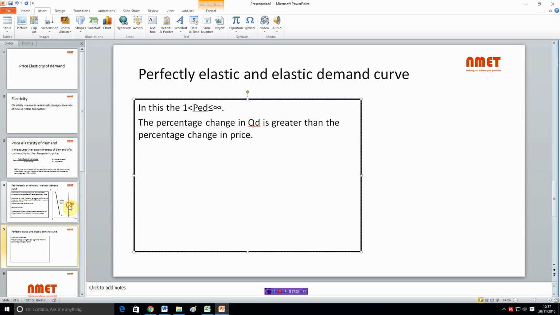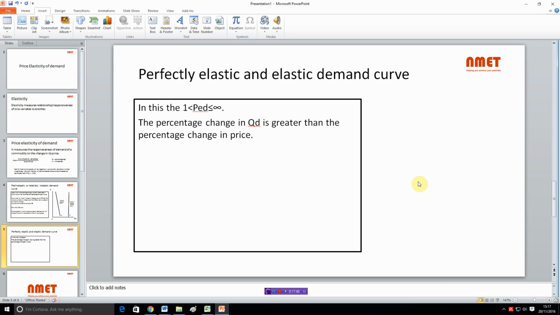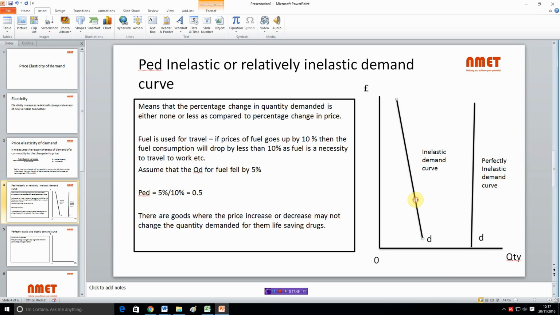Now, if I use the visual of a demand curve to understand how it's going to behave, let me just copy this down over here. Let me just use these two to save some time.